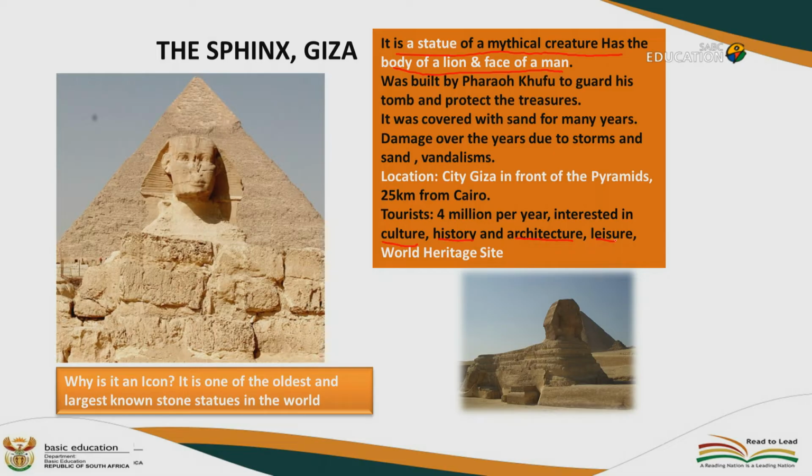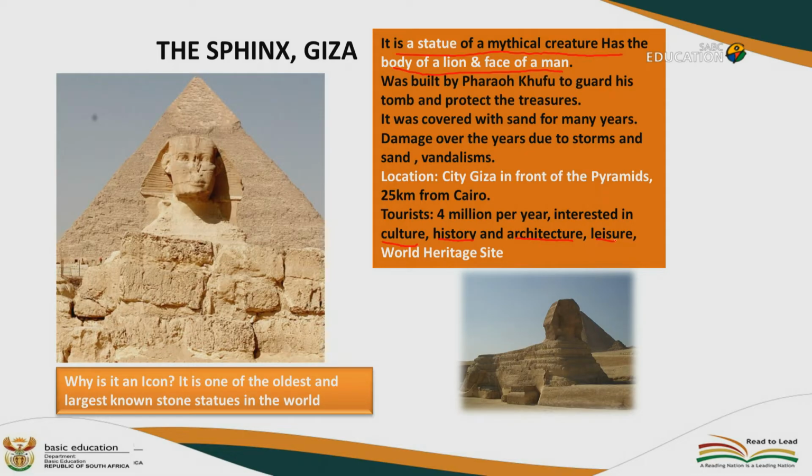They are more or less the same tourists that are visiting the Sphinx. It means when you are doing packages for your tourists, if ever you are a tour operator, you can couple the Sphinx together with the pyramids because they have more or less the same characteristics. So these types of tourists will be able to get what they are interested in when they visit these two icons.